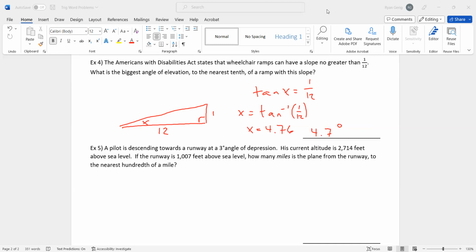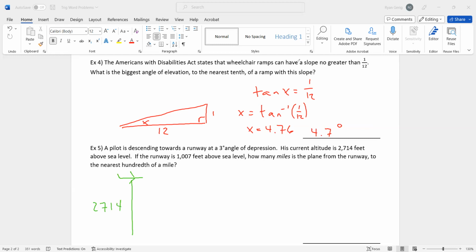All right, last one. Definitely has a little bit of a trick to it here. A pilot is descending towards a runway at a 3-degree angle of depression. So again, we've got our plane here. His current altitude is 2,714 feet above sea level.